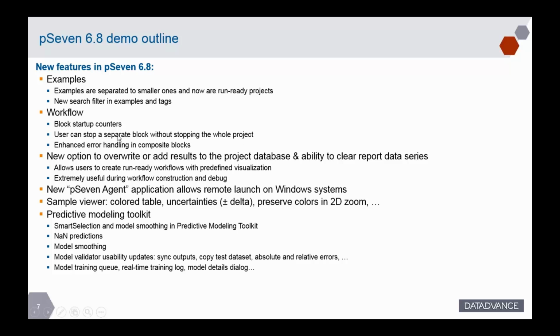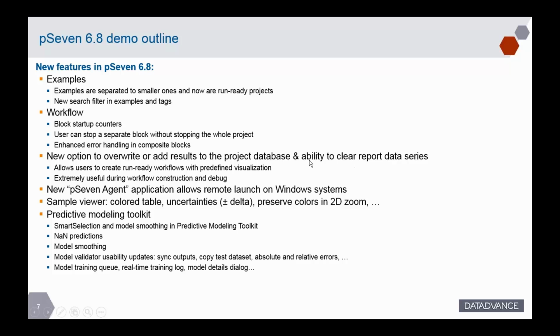I've illustrated how to stop a separate block without breaking the workflow execution. I've shown the enhanced error handling, a very useful technique for some capricious simulations. And I've illustrated a new option to override and add results to the project database, which, with the ability to clear report data, provides a nice way to prepare run-ready workflows.